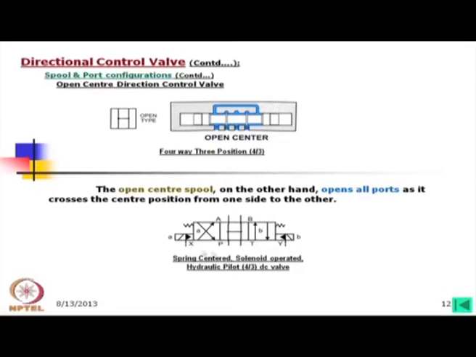We can also actuate with these. This means that these valves have two features: either we can operate by solenoids or we can operate hydraulically, and that hydraulic can be pilot operated, meaning from the circuit it can sense some pressure and it will be operated.